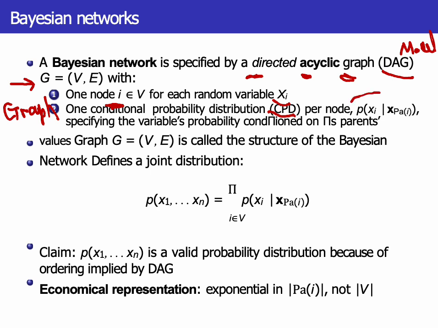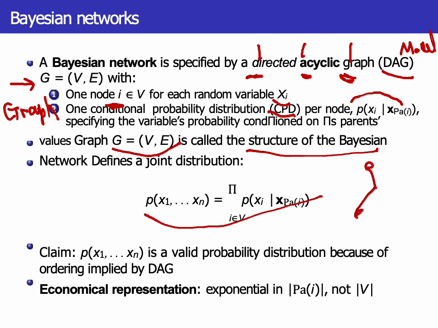So you have this conditional probability model. Each graph is called the structure of the Bayesian network. And this DAG network can be written as this product.